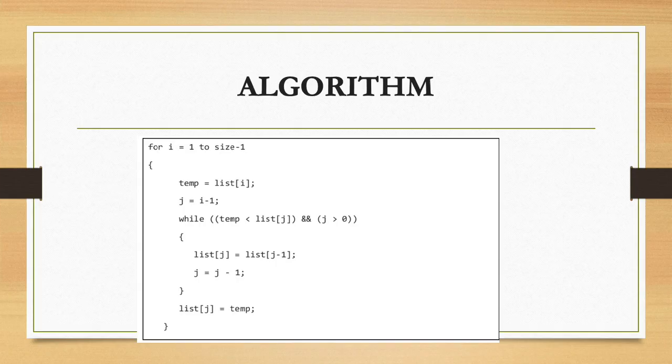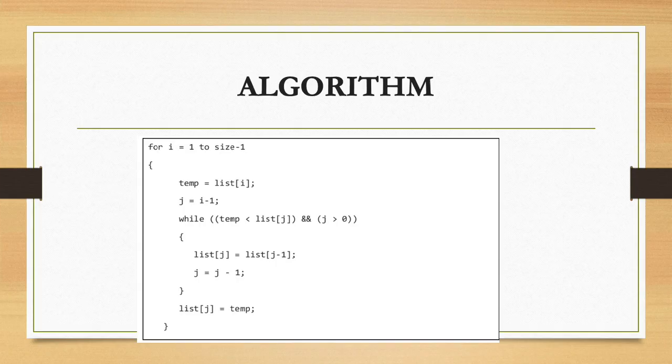Then we need to shift all the elements greater than the value to be inserted to the right, while hole is greater than 0 and the element at index hole minus 1 is greater than value, and we will shift hole minus 1 to the hole. So our new hole will be index hole minus 1.